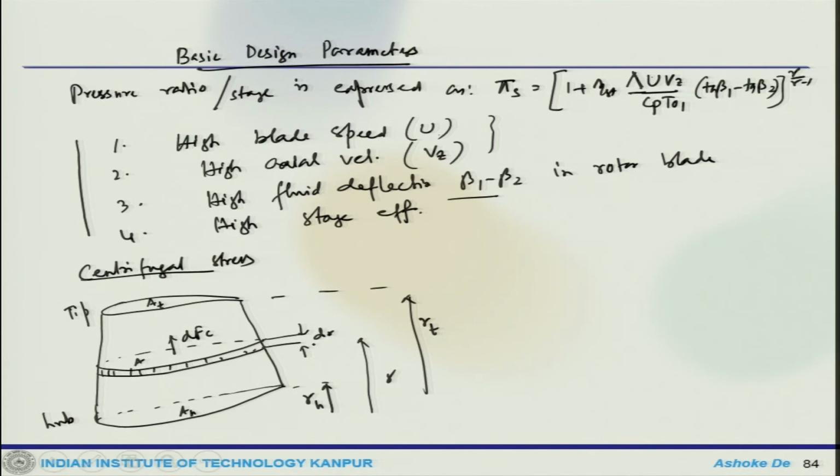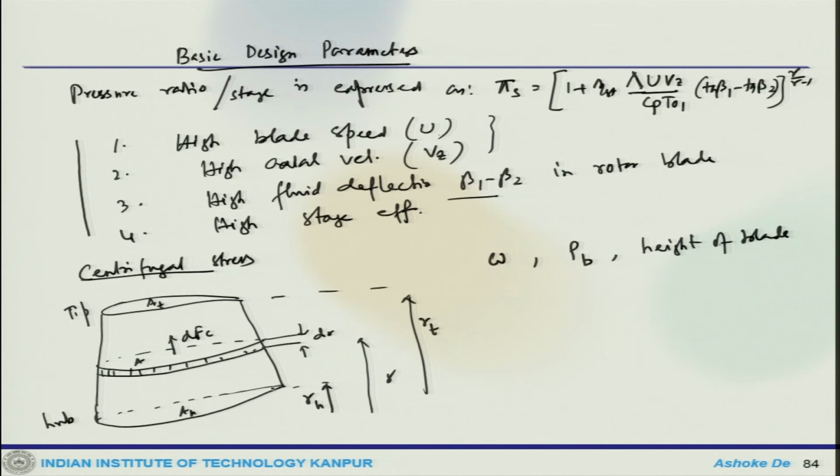So, centrifugal stress depends on the rotational speed omega, the blade material density rho b, and the height of the blade. The maximum centrifugal stress occurs at the root.